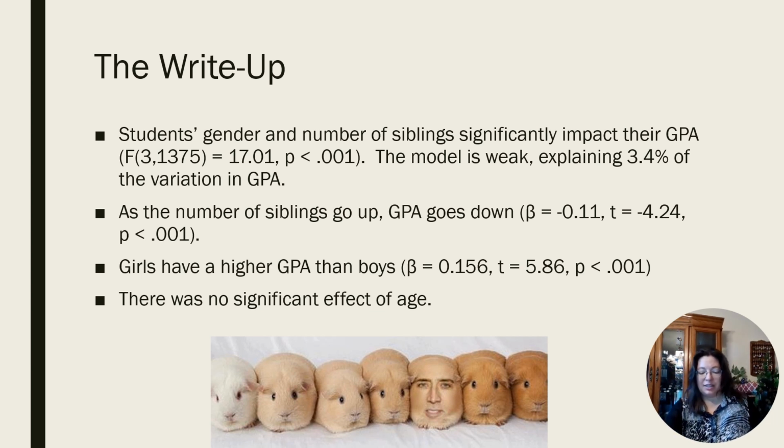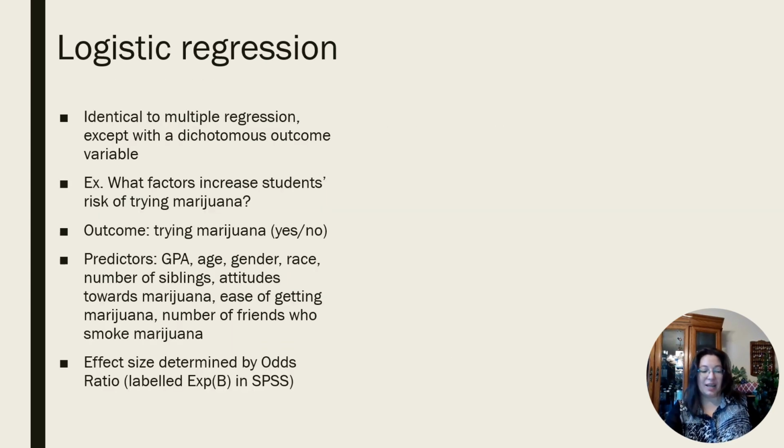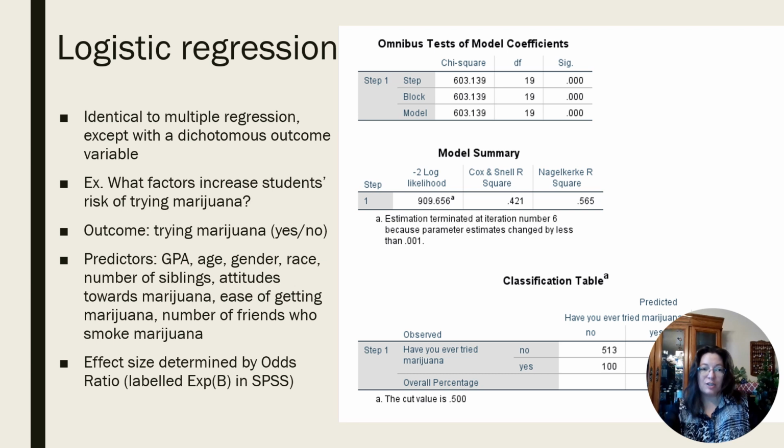All right, let's look now at the other type of regression that we have, and that is what's known as a logistic regression. So this is where we've got that dichotomous outcome variable. So my research question here is going to be, what factors increase students' risk of trying marijuana, with our outcome variable being trying marijuana, yes or no?